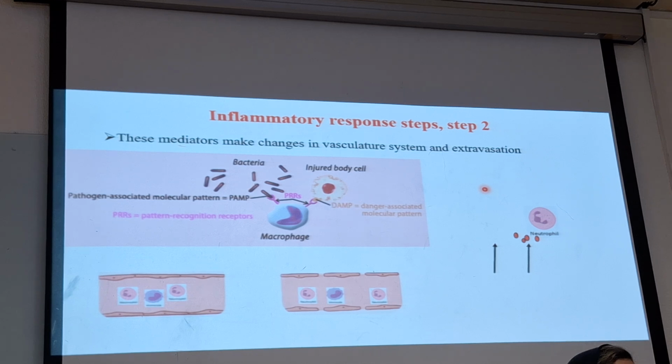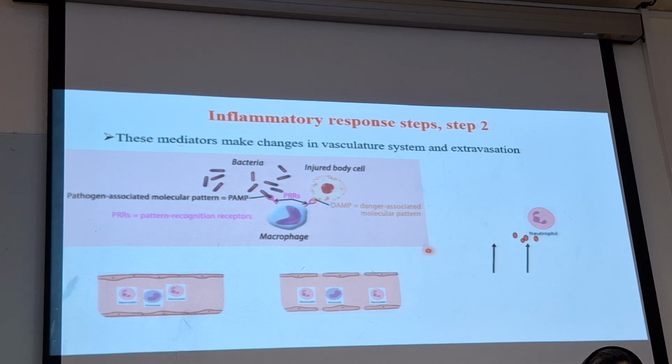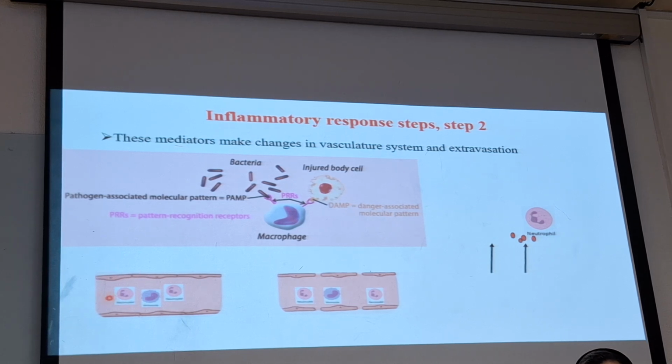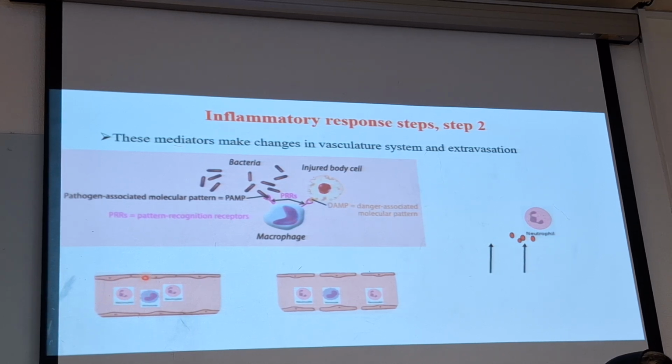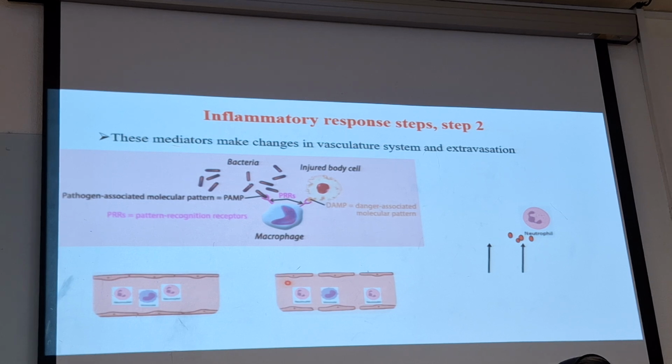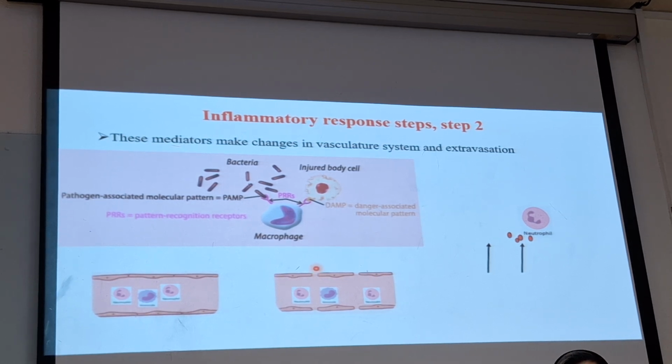For example, nitric oxide, as an inflammatory and cytotoxic mediator, has receptors on the surface of endothelial cells and affects endothelial cells and leads to contraction of endothelial cells, and in this way increases permeability of vessels, okay?